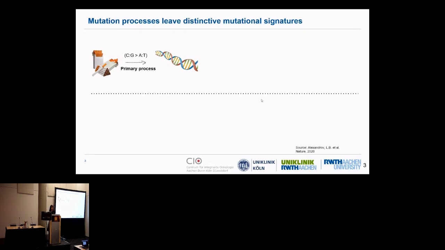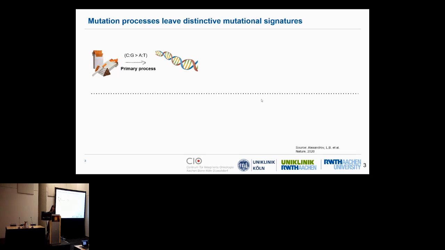We know that exposure to certain mutagens causes mutation in the genome. These mutations are context specific, and that's important for this particular field. So exposure to tobacco, for example, may cause higher rates of G2A mutations, specifically when preceded by a C and followed by a T. So the context before and after is relevant.